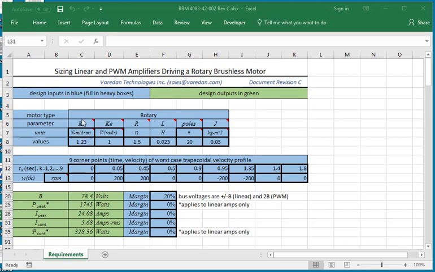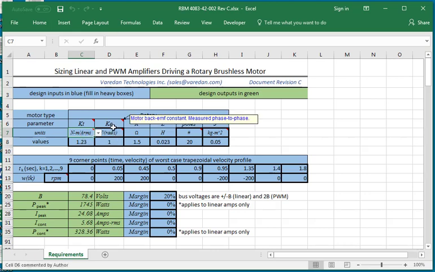For example, for the torque constant, we have 1.23 Newton meters per amp RMS, as we saw in the previous slide, and we can change the units amongst these here. For the back EMF constant, we have 1 volt per radian per second, and there's also some unit selections that we can make here.